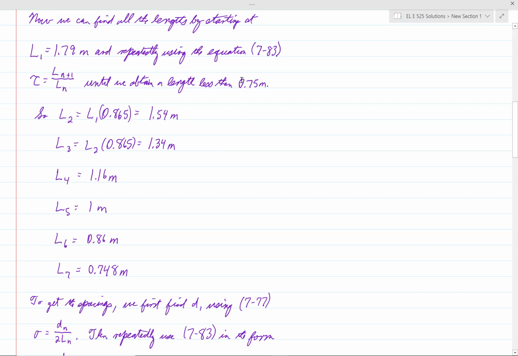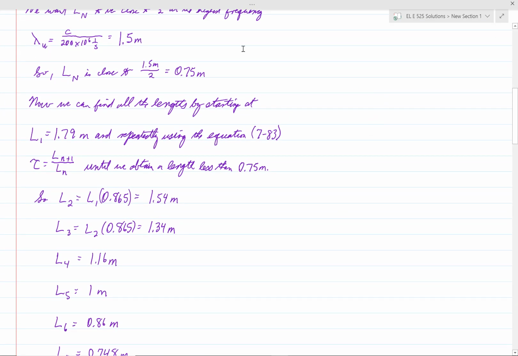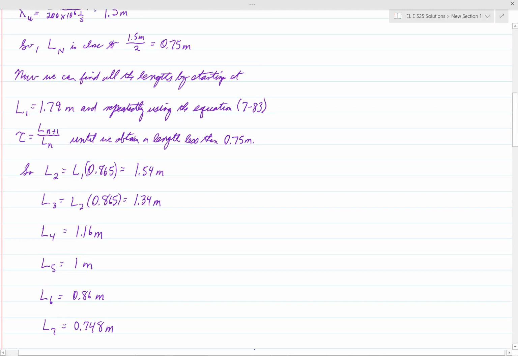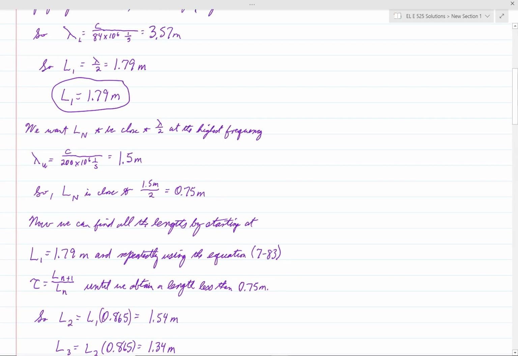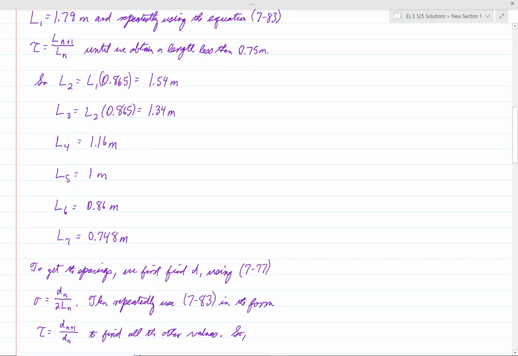Ln, that approximate value for Ln that you found above, which was, remember, we said Ln is close to 0.75 meters. So if we repeatedly multiply by 0.865, which again was the value of tau, you see up there, we will find that L7 is 0.748 meters.